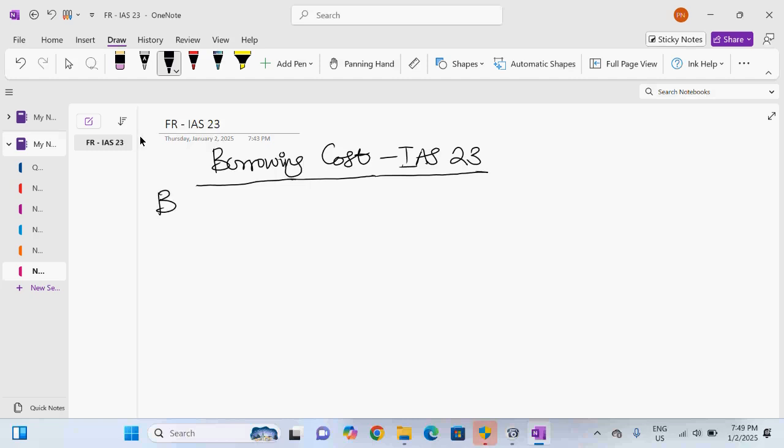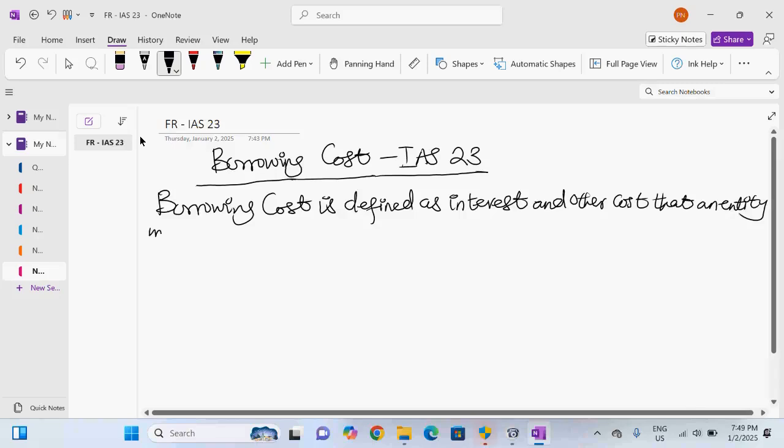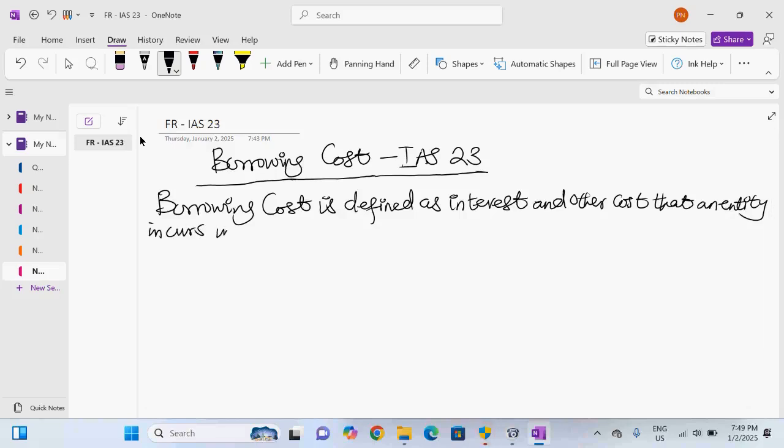So borrowing cost can be defined as the interest and other costs that an entity incurs in connection with borrowing of funds.